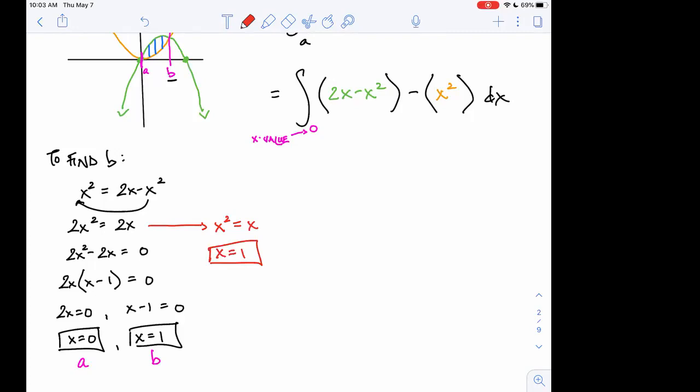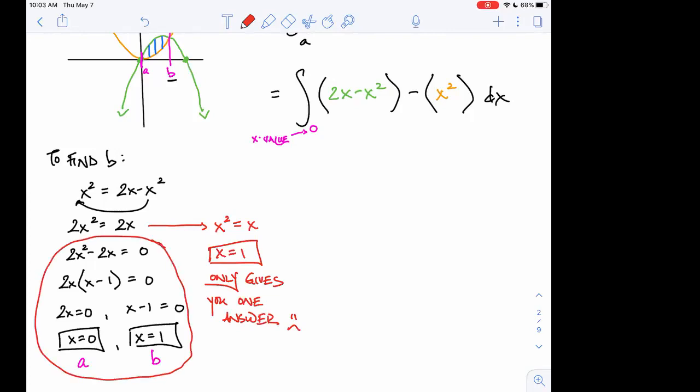This only gives you one answer, whereas this method gives you both.